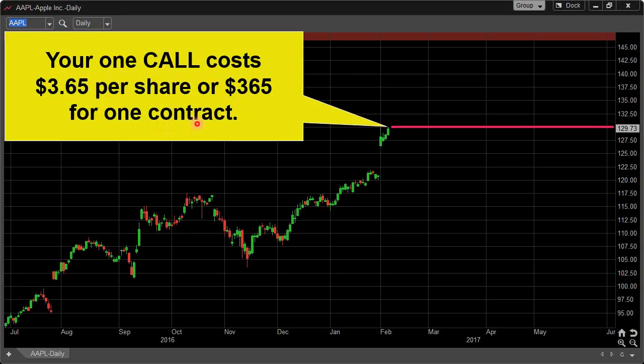I want you to understand that there are different prices for options. Not every option on the face of the earth trades at $3.65. Just like stocks have different prices on different days, options have different prices, depending on the options. So in this example, it's $365 for one contract.